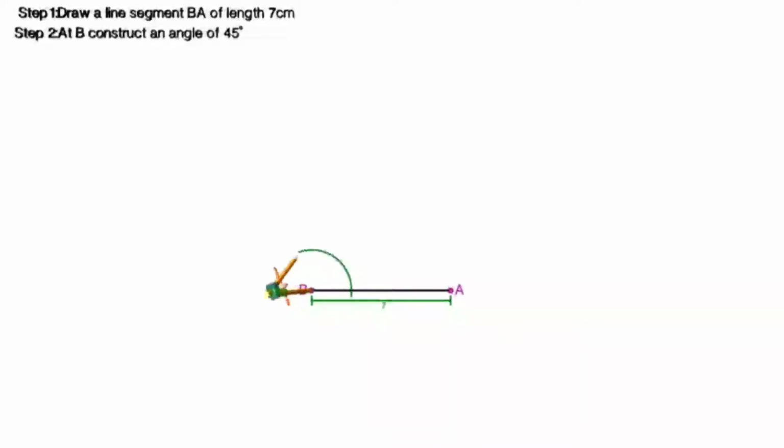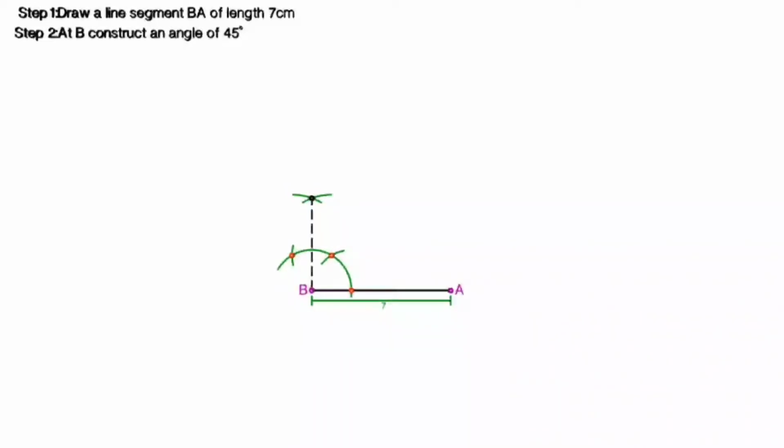My first step is to draw a line segment BA of length 7 centimeters. Then I need to make an angle of 45 degrees at B. I know how to do that. First of all, I'll construct an angle of 90 degrees and then I'll bisect that angle of 90 degrees to get a 45-degree angle. So this is the 90-degree angle constructed.